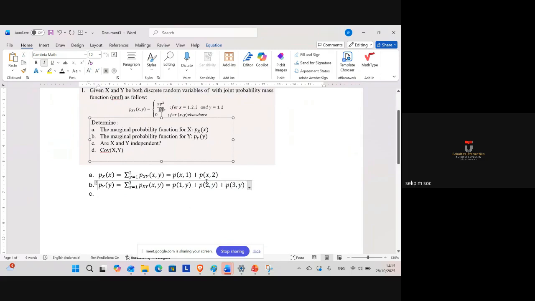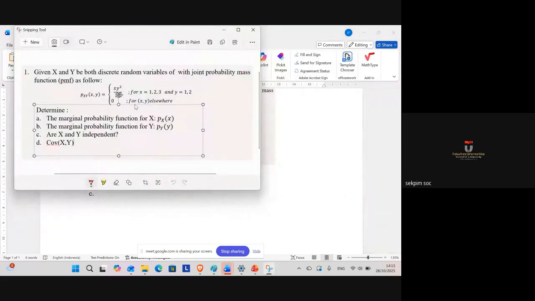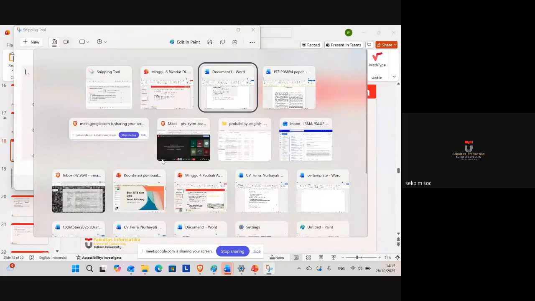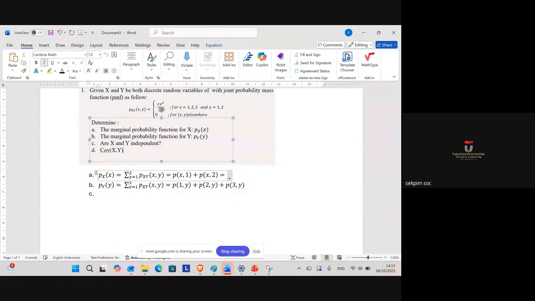Okay, so just substitute into this formula. The divider is 30 here. I think 1 over 30 is just a constant, so you can take it out of the sum.